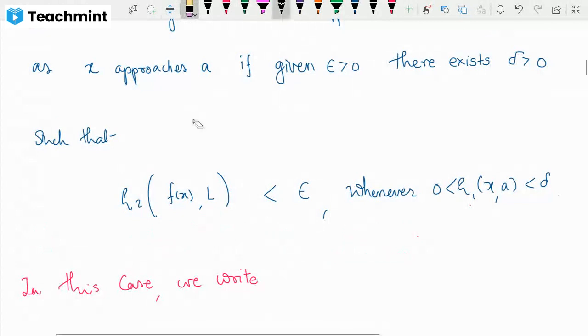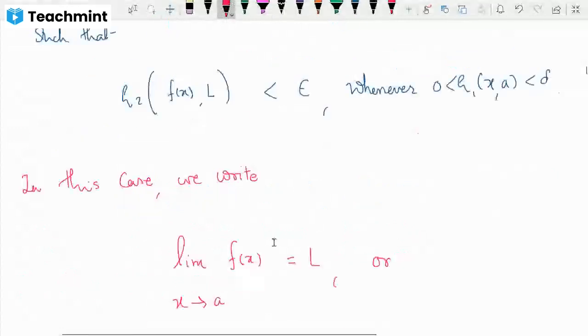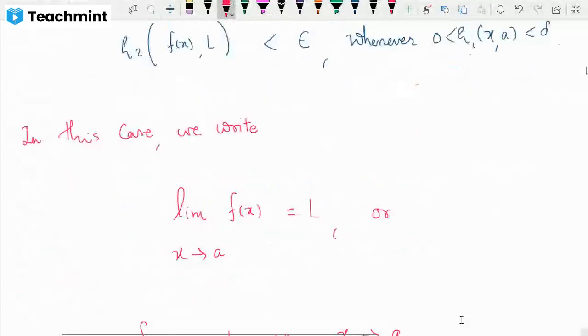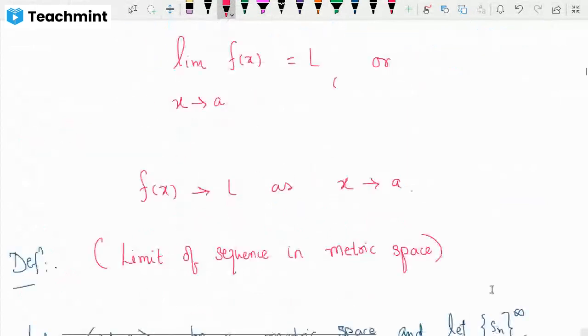In short we can write limit of f(x) as x tends to a is equal to L, or simply we write f(x) tends to L as x tends to a. So these are usual notations, and you are familiar with these notations.